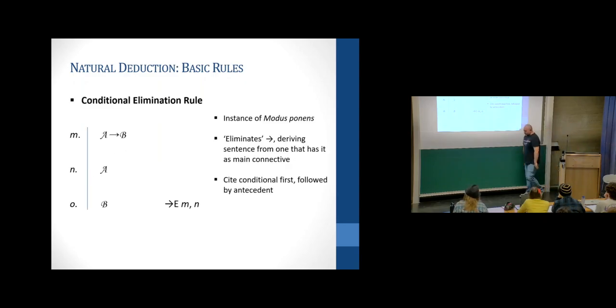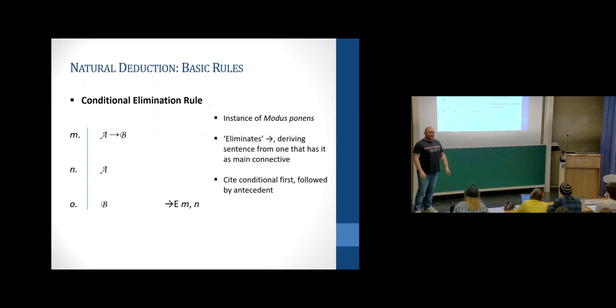Okay, so, spooling back. Our third rule, conditional elimination. Conditional elimination is our first one where we need to do a little bit of work. We have a conditional, and if we have the antecedent, we can derive the consequent. It's worth repeating that. If we have a conditional and the antecedent, then we can get the consequent.